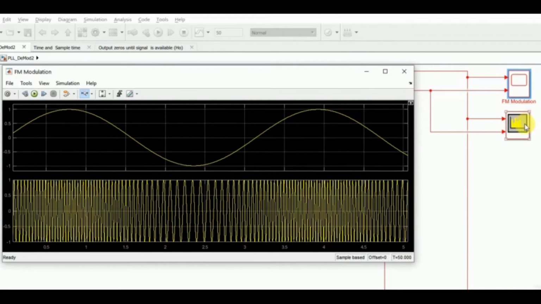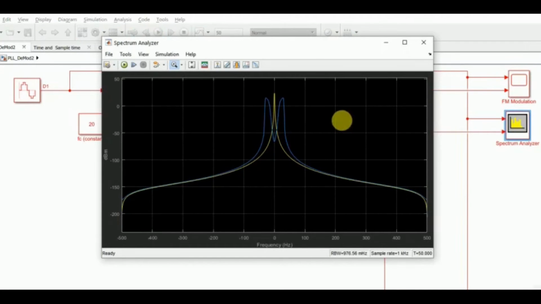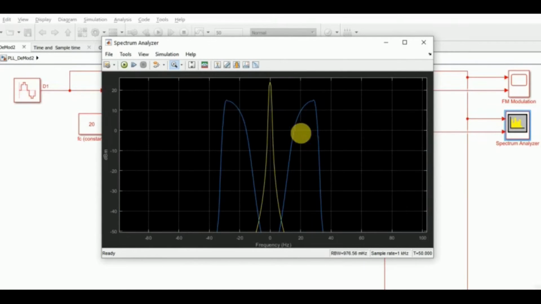Now in terms of spectrum, let me again zoom this one. So let's take it until minus 50 dBm. Remember, dBm is simply 30 plus log 10 of W. W is just watts. So we have two curves over here. The first one is this golden curve.